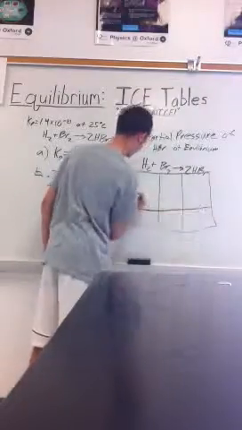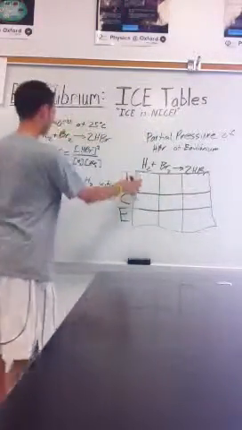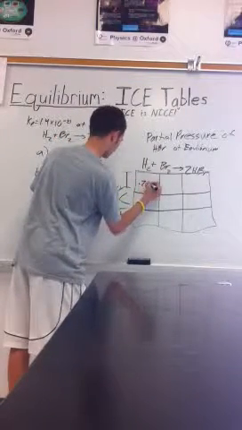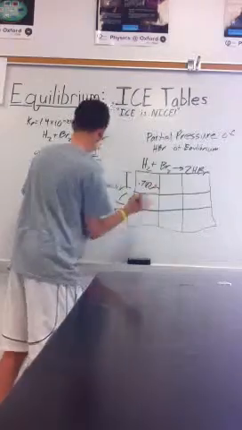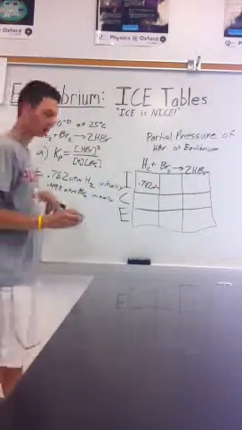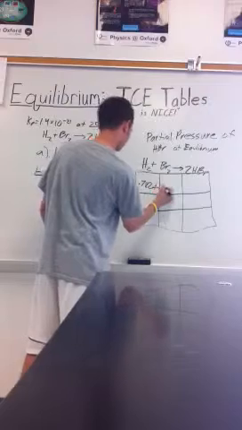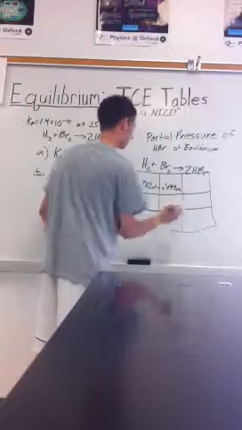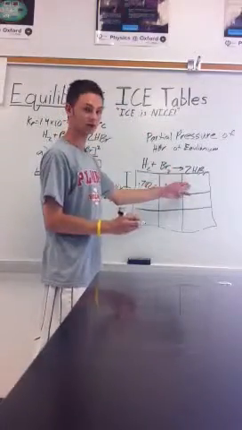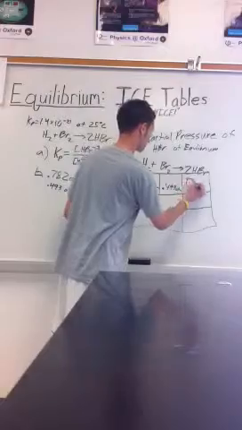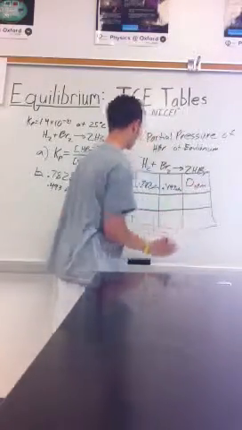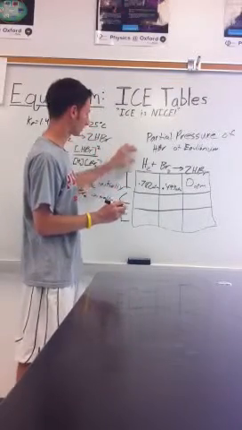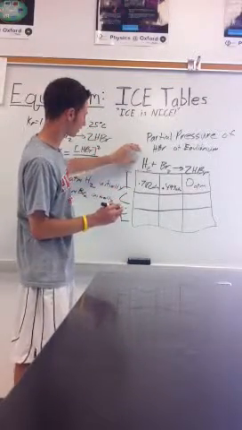Okay, so you draw your crossbars there. Okay, initially we have 0.782 atm of H2. Then you have 0.493 atm of Br2. So you just write that in there. Initially, there is no HBr in the container, so you have 0 atm. Okay, from here, you look at the number of moles of each of these pieces that are in the container.